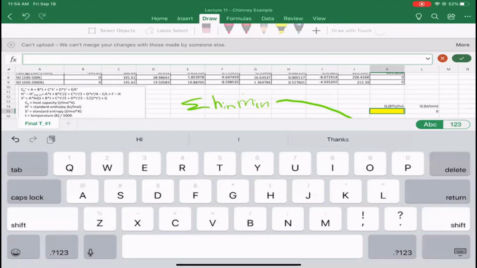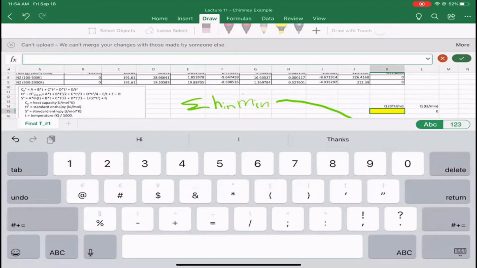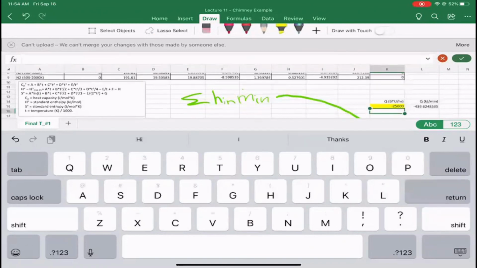So let's say that you lost half of that heat. So that would be minus 25,000, right? And in doing that, we just change the energy balance a little bit. It's that now minus Q, or 0, equals Q plus the sum of delta H in minus delta H out.